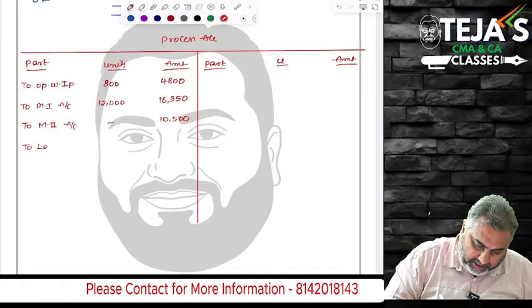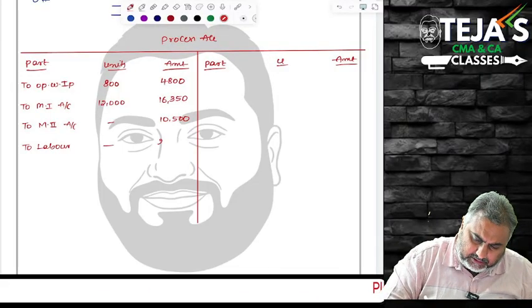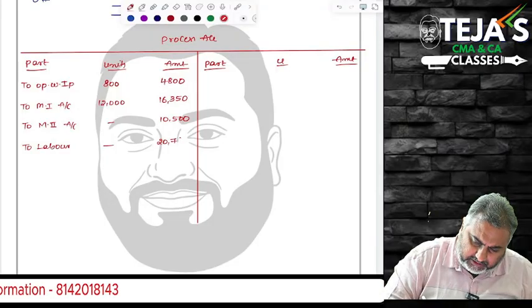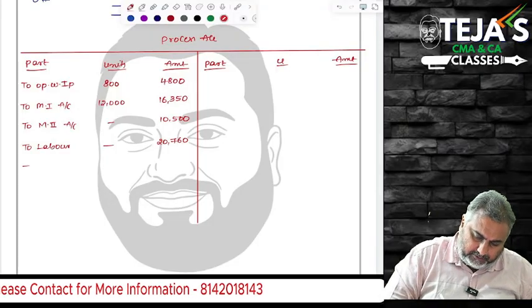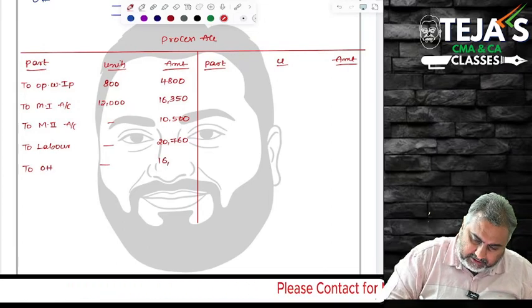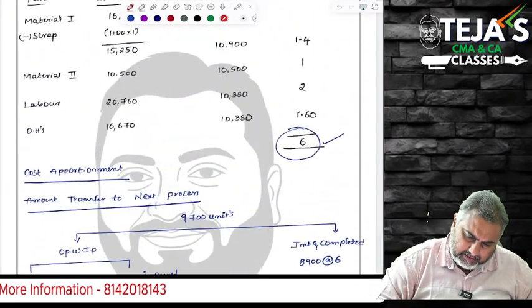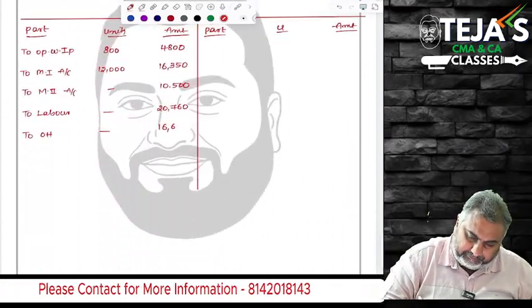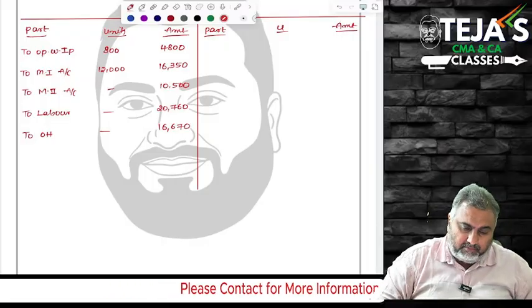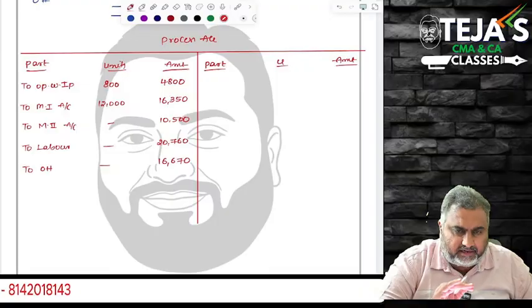To labor, 20,760. To overheads, 16,670. These are all expenditures already provided in the question.